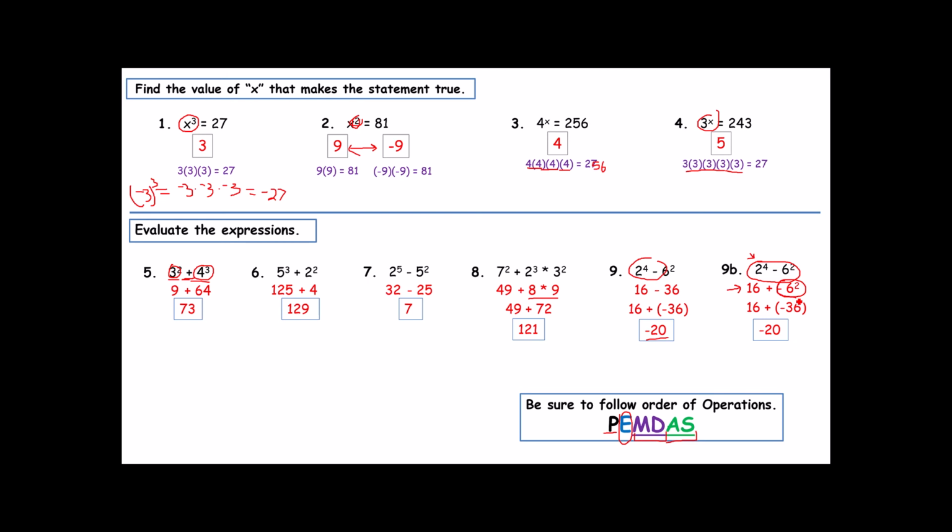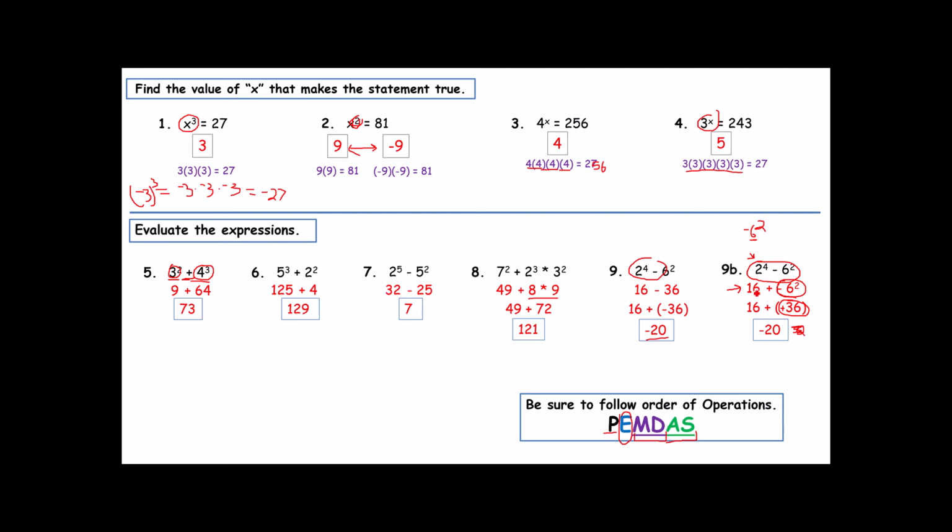Notice what happened here. Negative 6 squared gave us a negative 36. Remember that other slide where we were talking about a negative base with an exponent, and how the 2 only applies to the number, not the sign? This is an example of why that's important for us. Because if negative 6 squared meant this 2 applied to both, I would have gotten a positive 36 and a 52 here.